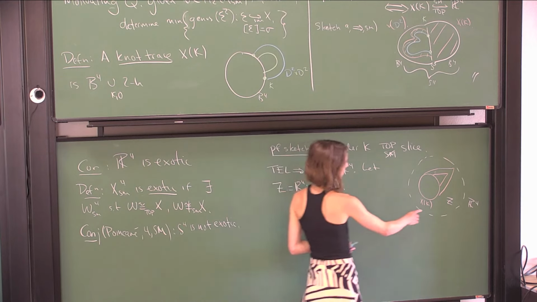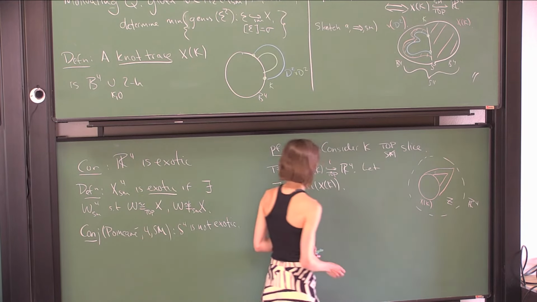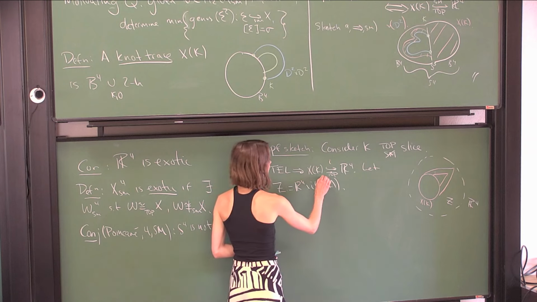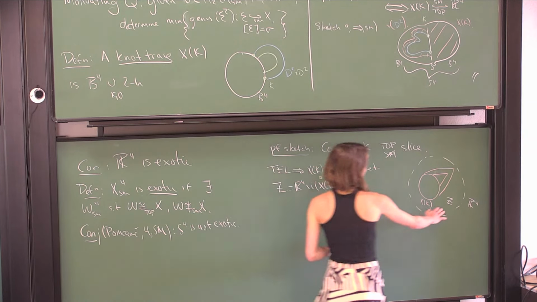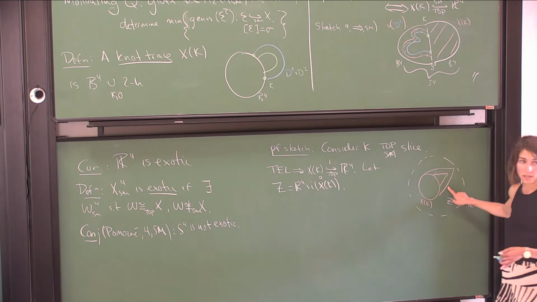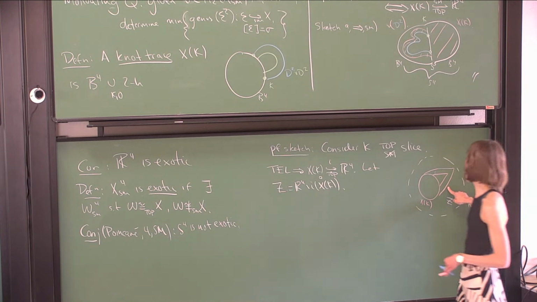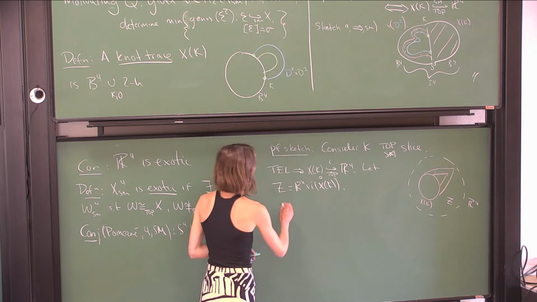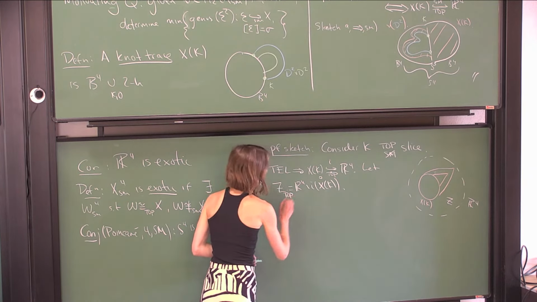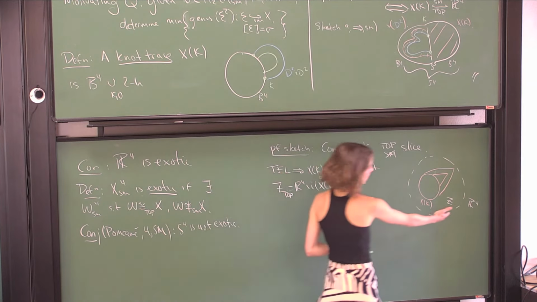And let me make a couple of comments about Z. For one, it's non-compact. That's because R4 is non-compact. I actually only want to cut out kind of the interior of this trace, though. So this is a non-compact four manifold with boundary. You see the boundary of the trace here. And also, the primary thing I want you to observe about it is that this is only a topological manifold. So R4 has a standard smooth structure.